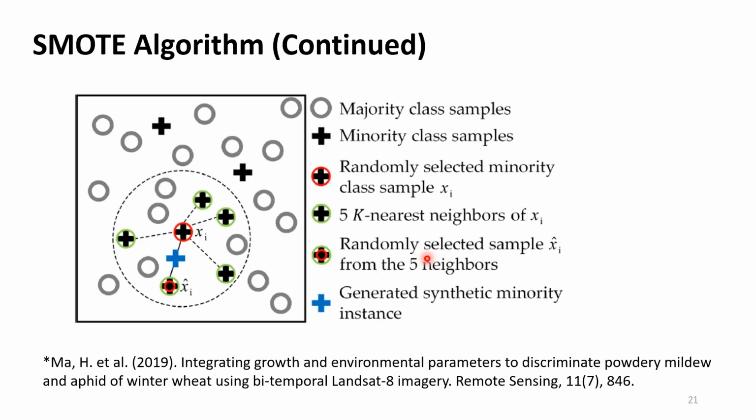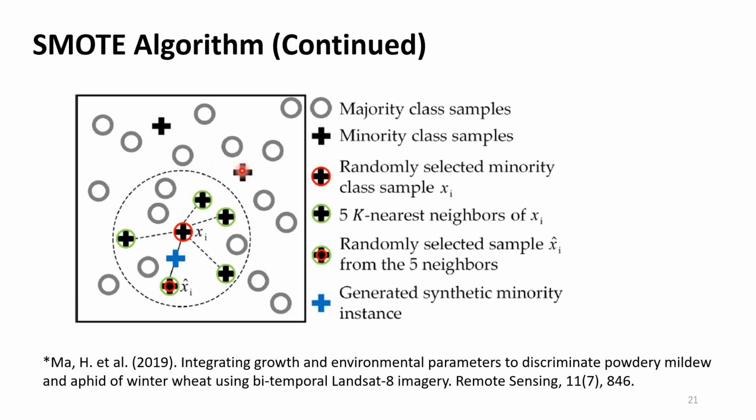So let's understand the SMOTE algorithm intuitively by using this figure. It is cited by Ma et al. studies. The figure depicts the algorithm of SMOTE processing. The white circles are majority class samples, and the cross marks are minority class samples.